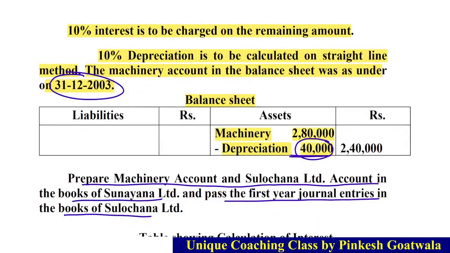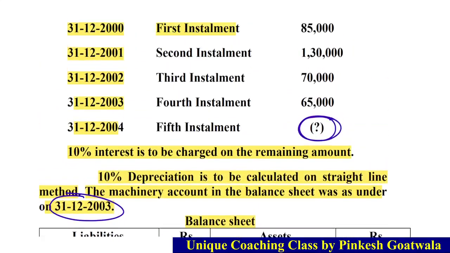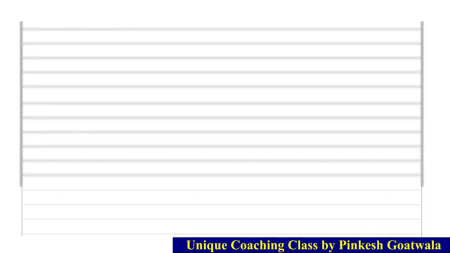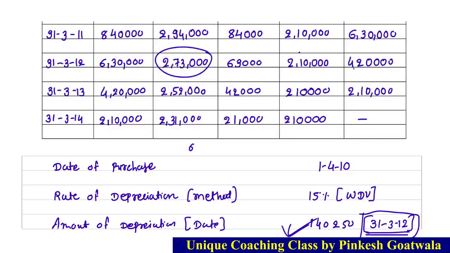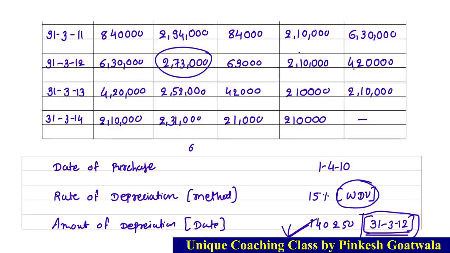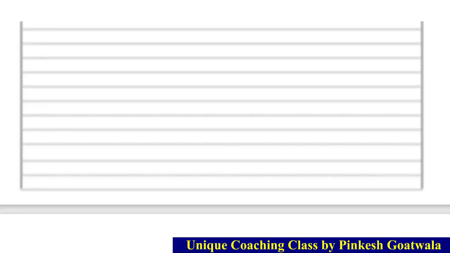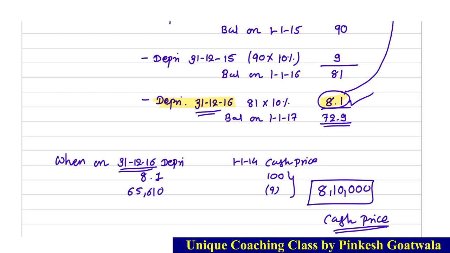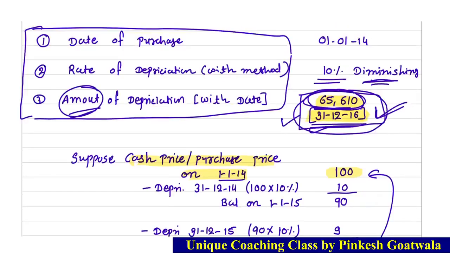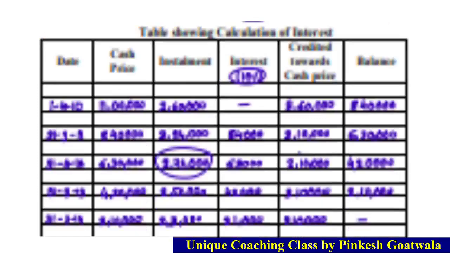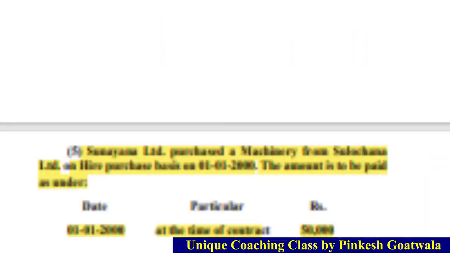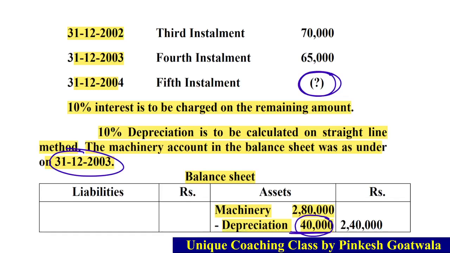The difference is the method of depre. Remember, here method of depre is WDV, written down value. Here also method of depre is diminishing balance method, means WDV. But in this question, method of depreciation is straight line method. That's the difference point. Otherwise, these three sums are same. There is no twist point. Only this much change.